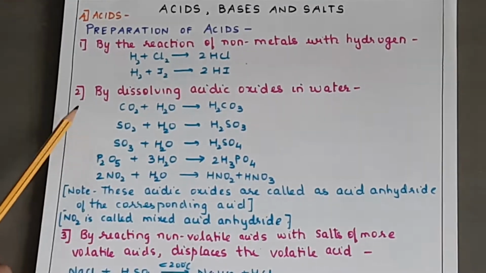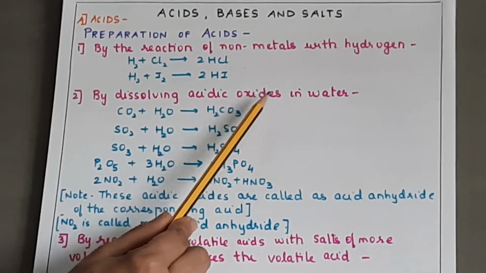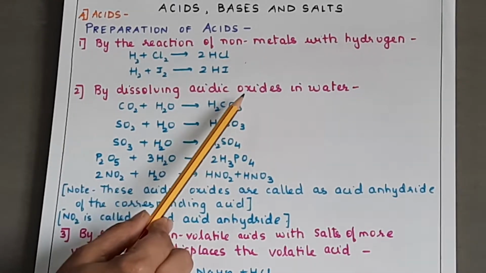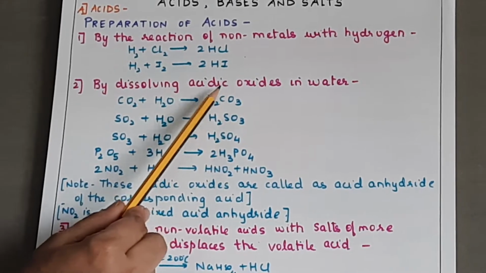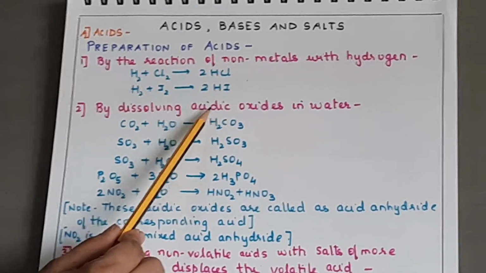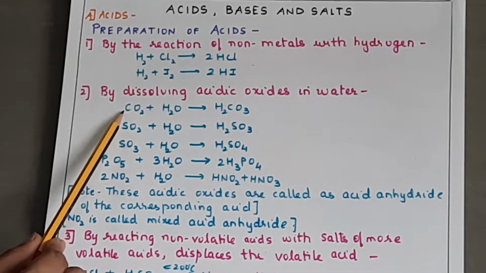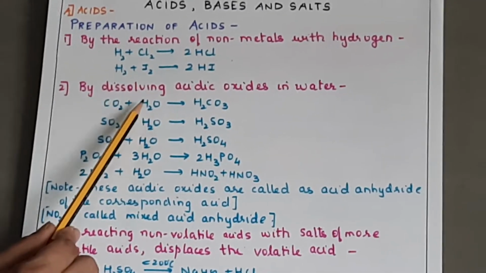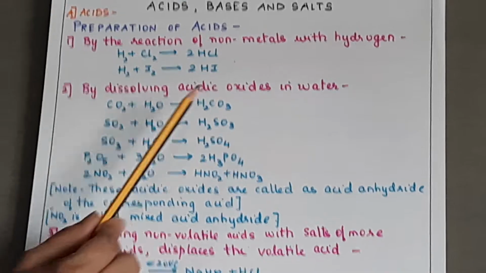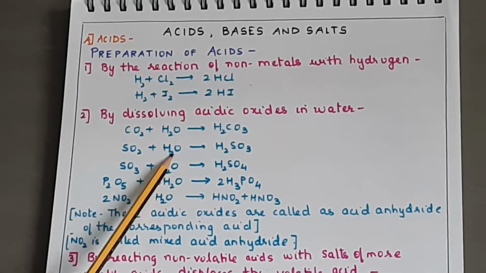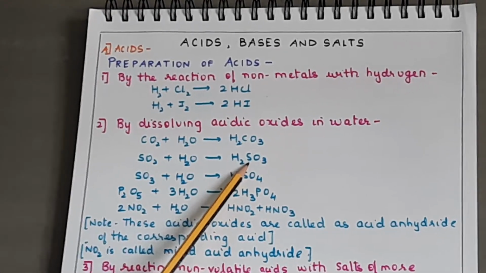Second is by dissolving acidic oxides in water. Generally non-metals form acidic oxides, so non-metallic oxides are acidic in nature. Carbon dioxide dissolved in water gives carbonic acid. Sulfur dioxide dissolved in water gives sulfurous acid.